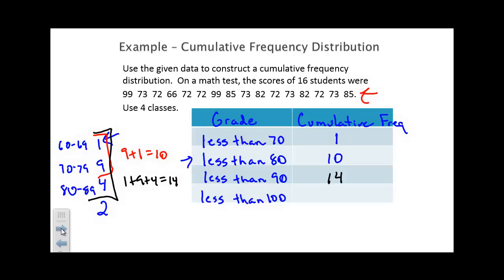So our cumulative frequency for that one is 14. So are you getting the gist now? We can just add the frequency from the next class each time to get the less than. So for less than 100, we're going to do all of them, 1 plus 9 plus 4 plus 2, and that's going to be 16.